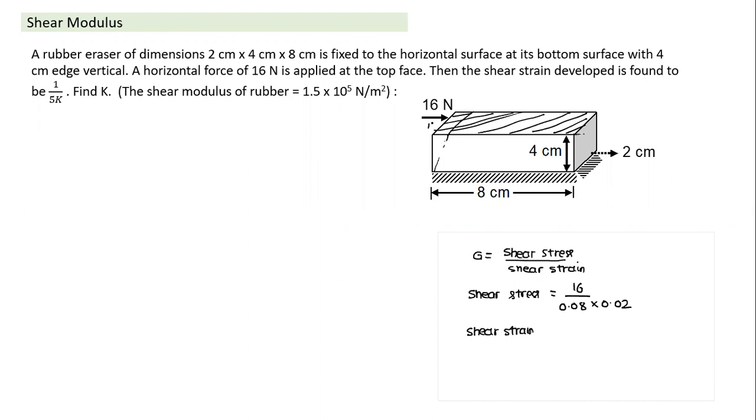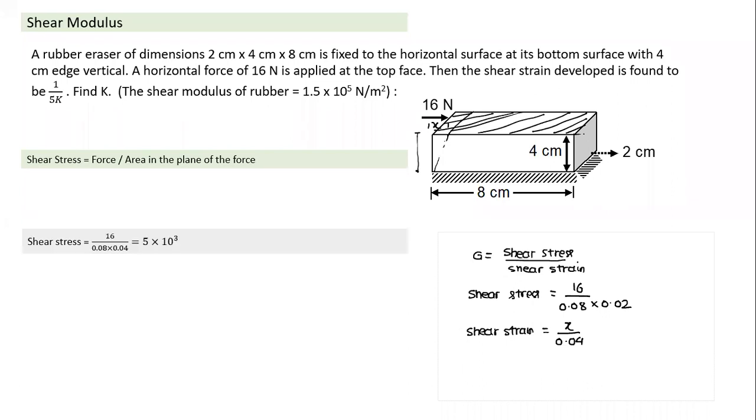What is shear strain? This deformation x divided by this height is shear strain. So shear strain will be equal to x deformation divided by which dimension? Divided by the dimension perpendicular to the plane. That's what we need to apply. Rest all is simple. Shear stress is force by area in the plane of the force.